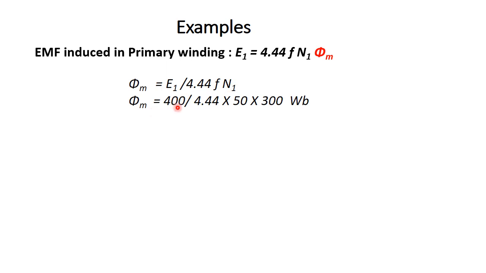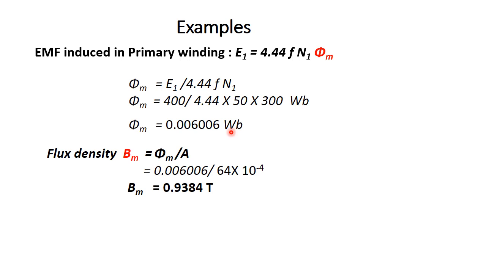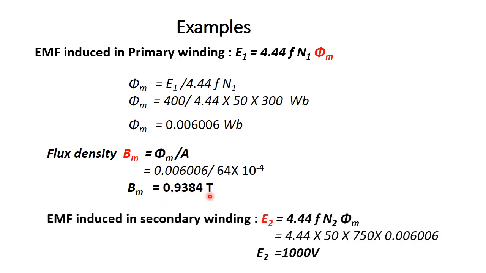So phi m equals 400 divided by 4.44 into 50 frequency into N1 number of primary turns, that is 300. So phi m equals 0.006006 Weber. Flux density is the ratio of phi m by A. So you can easily find Bm, that is equal to 0.9384 Tesla.